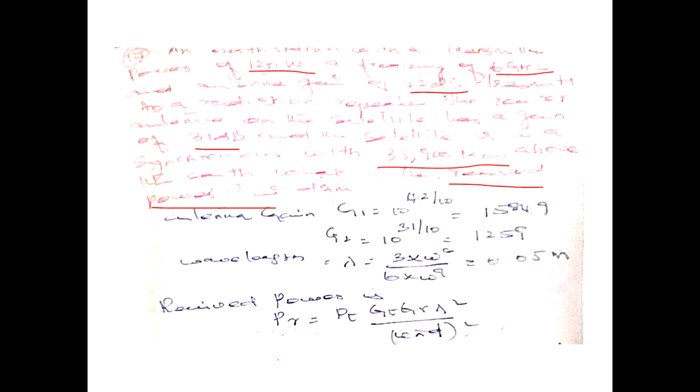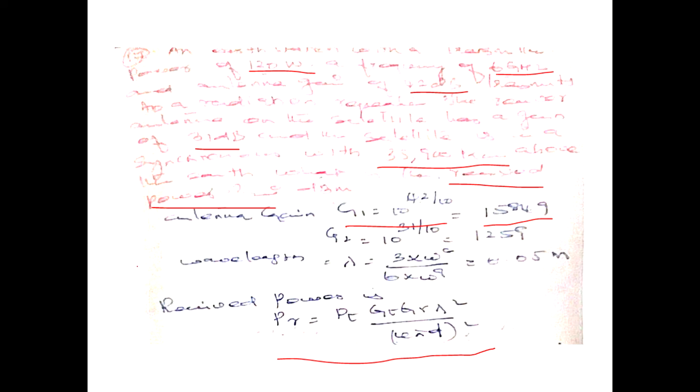Again you have to use the Friis formula to calculate the power. Here the GT and GR, 42 dB and 31 dB, are given in decibels. So first you have to convert them into numerical values by taking the anti-log.